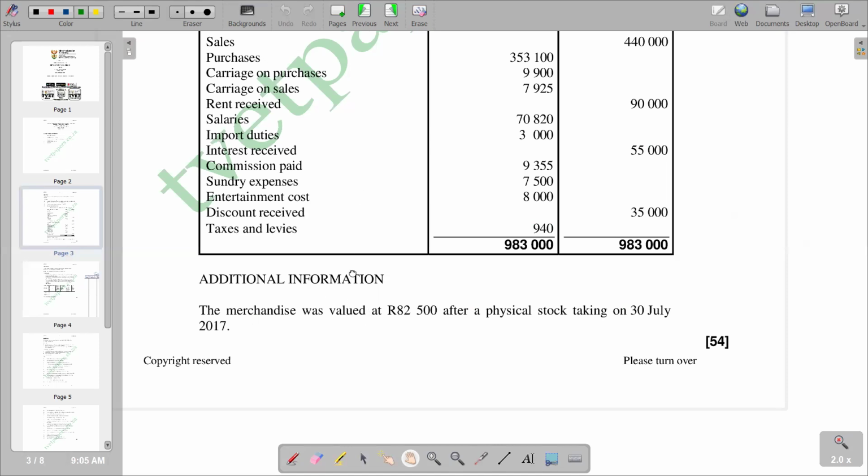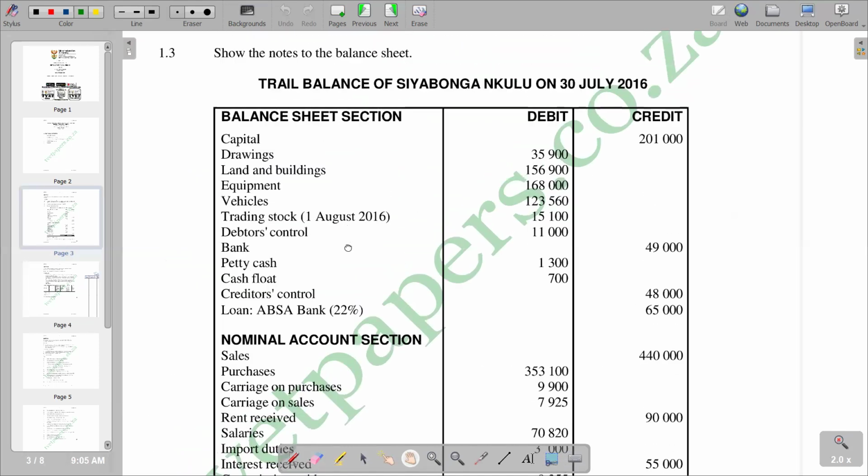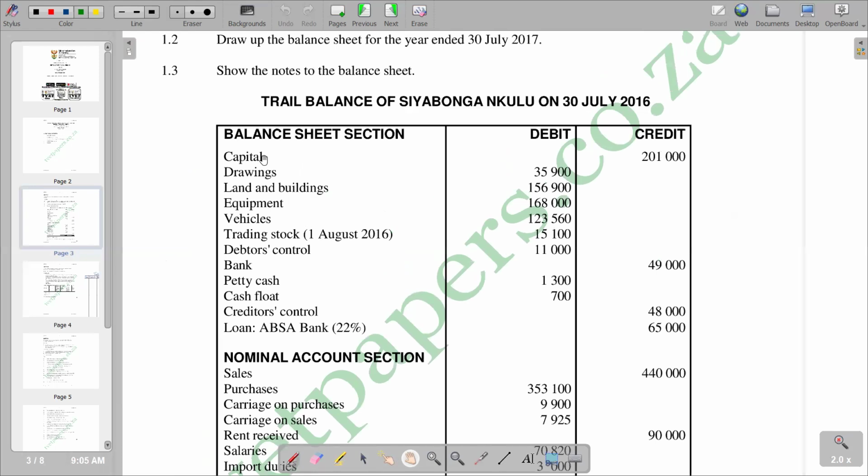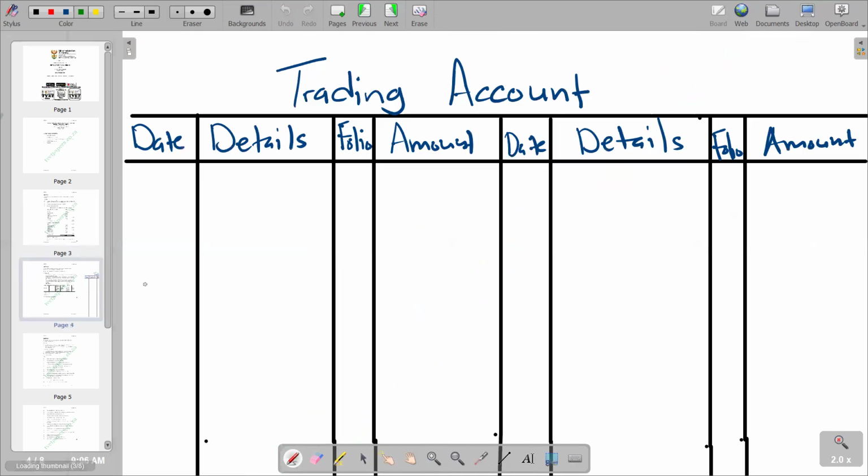We can go to our list of balances and try to identify the balances that should be in the trading account. We start with opening stock. The figure we are given there, on 1 August 2016, becomes our opening stock, which is given as 15,100. So we go there and put it as our opening stock, and we said our opening stock should be on the debit side.